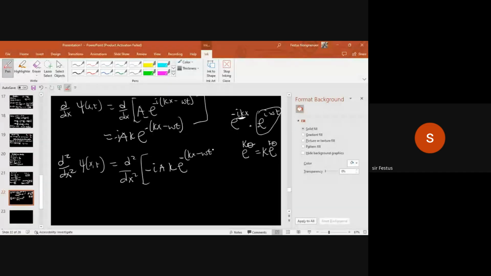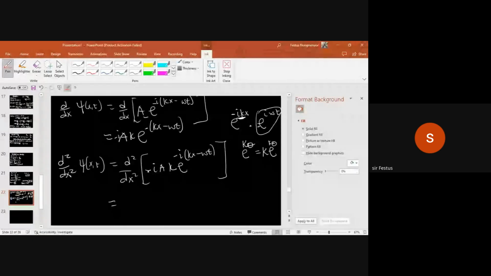When you do the differential again, following the same formalism, you have minus i, and this time minus times minus makes it positive, but the i will become squared, so you have i square.